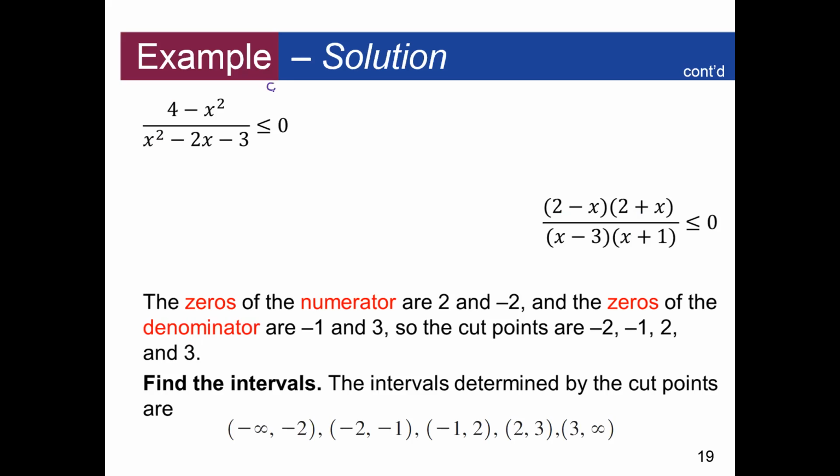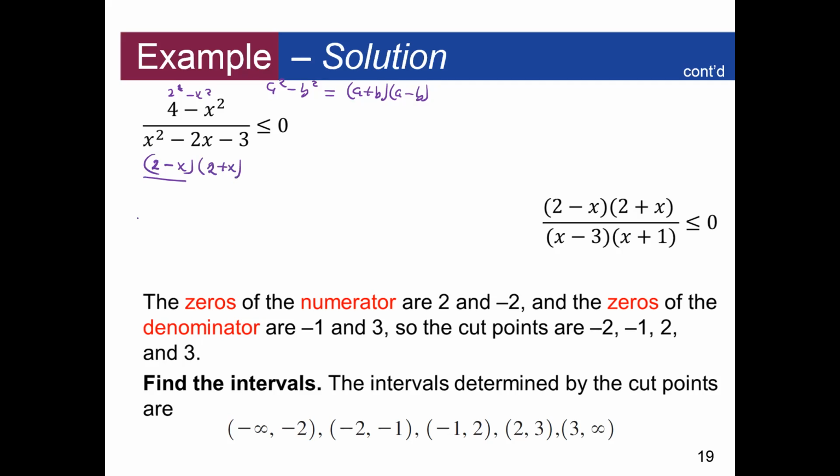We know that a squared minus b squared is always equal to (a plus b) times (a minus b), which is the same as (a minus b) times (a plus b). So this is the same as 2 squared minus x squared. So the numerator is actually (2 minus x) times (2 plus x).